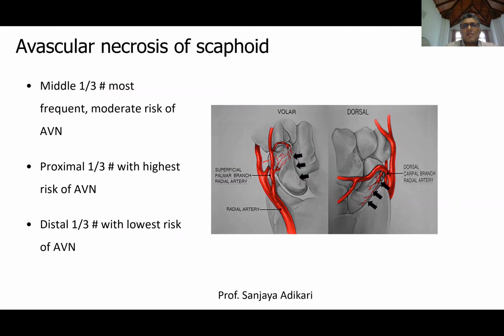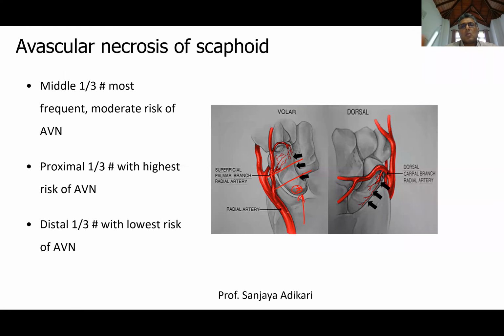So if you fracture somewhere here, because the issue is with the proximal fragment. Okay, if you fracture somewhere here, as you can see, since there are certain blood vessels still entering, this fragment will be okay. Then if you fracture in the middle or close to the proximal end, then the proximal fragment is at very high risk of avascular necrosis.